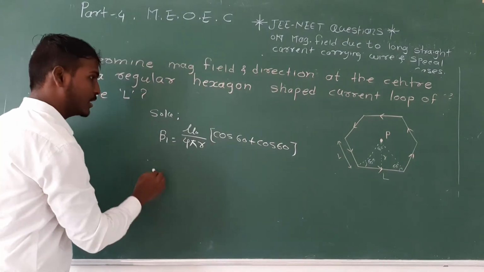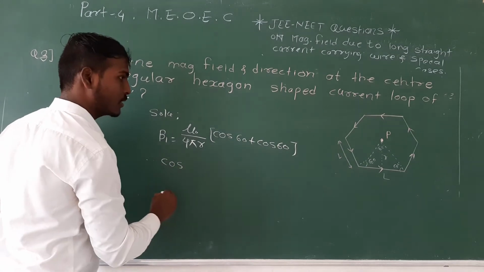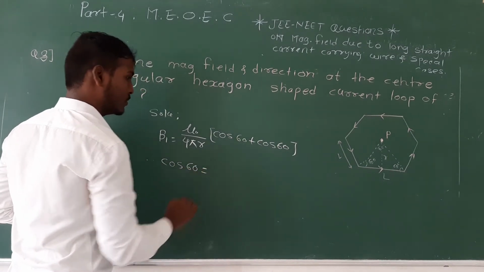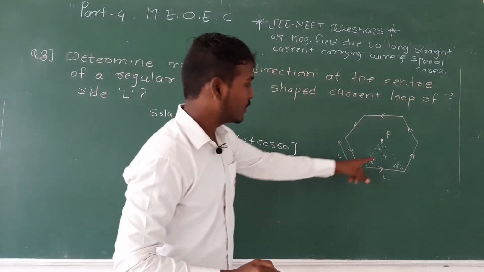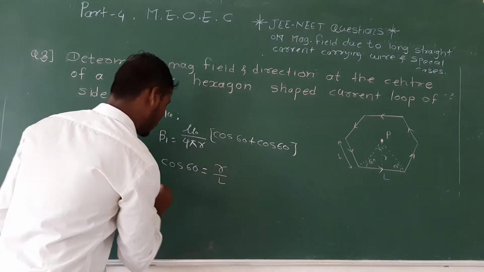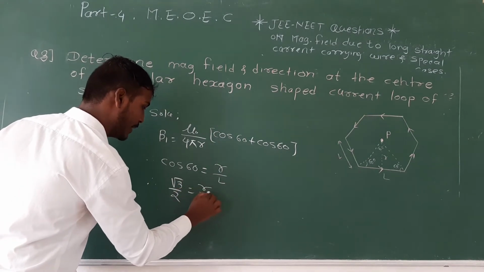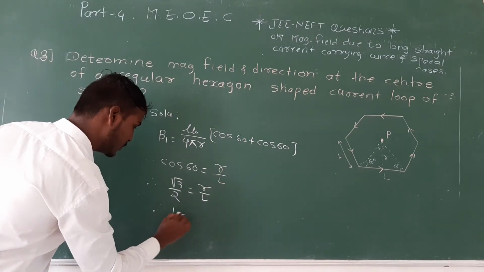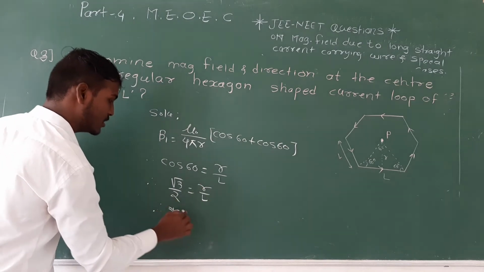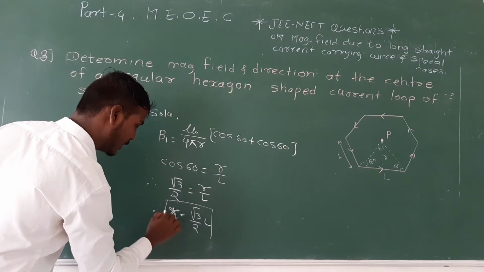So if you use the cos angle, sin 60 let's say, you will get R by L. So you know that sin 60, which is root 3 by 2, is equal to R by L. Therefore, we want R, so R is equal to root 3 by 2 L. We got R also.